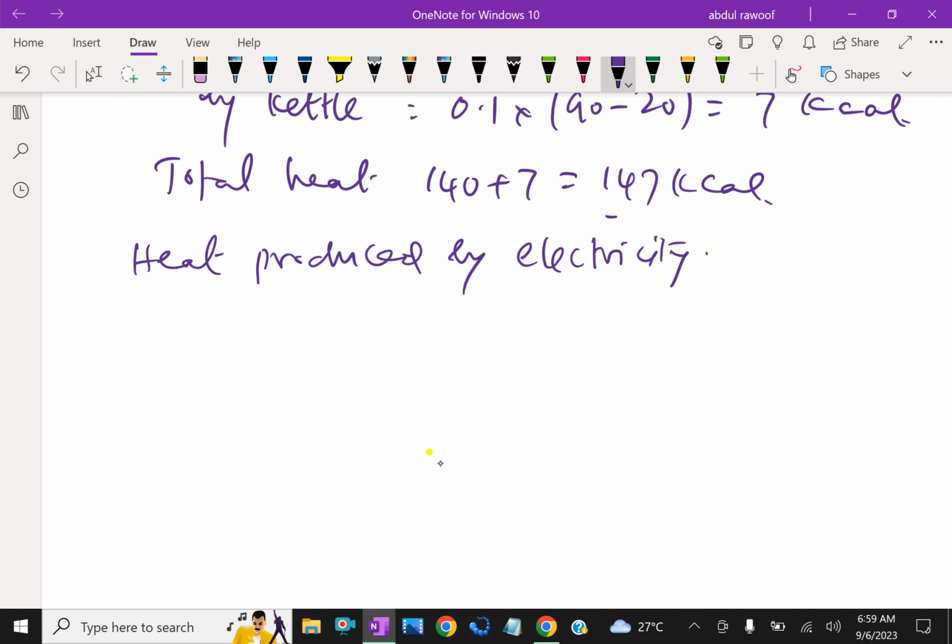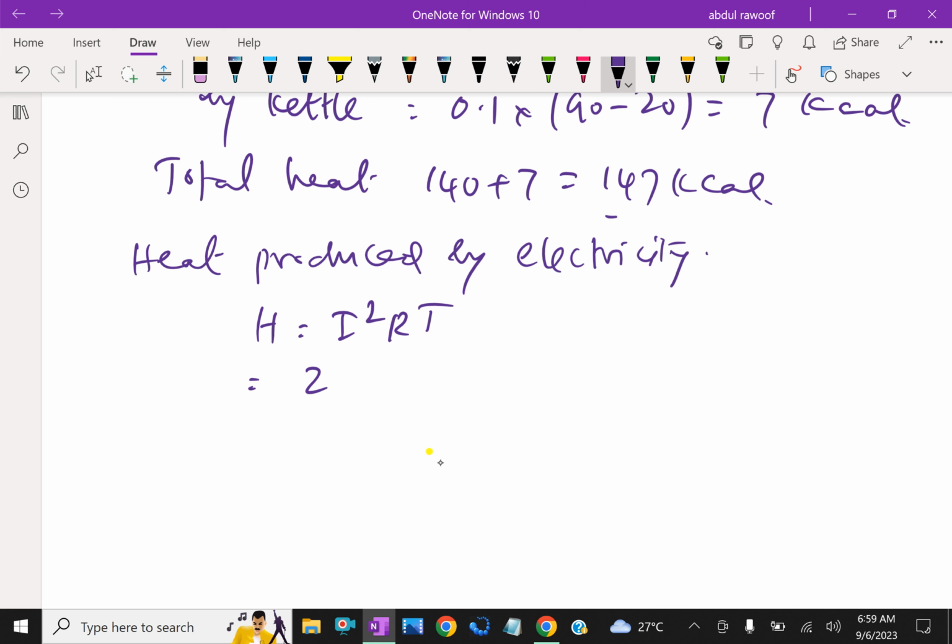Heat produced by electricity is H equal to I squared R T. Now, I is V by R, voltage by resistance.